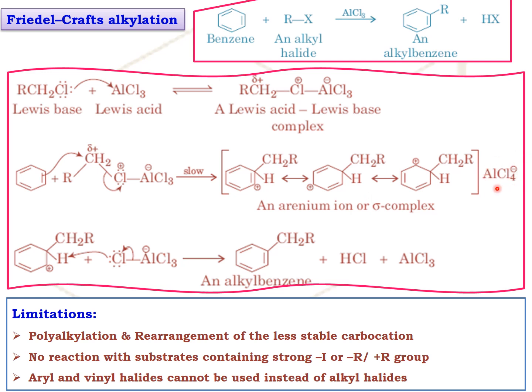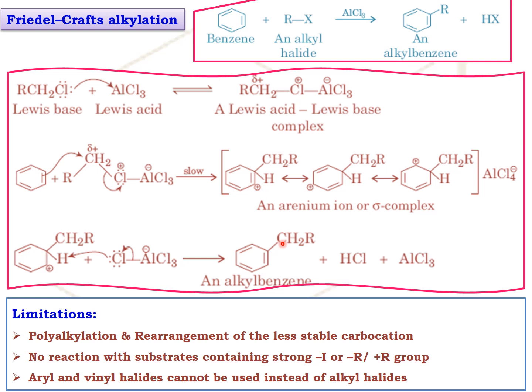This anion abstracts a proton from the sigma complex to get back its Lewis acid catalyst and also an alkyl substituted benzene compound, that is an alkyl benzene.